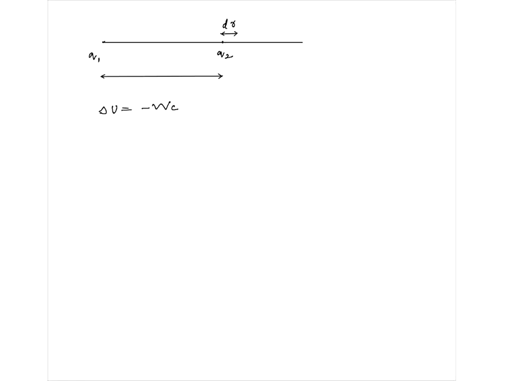Now, because this definition talks about change, if we want U at a particular point, we would need a reference point. Often, the reference point is chosen at infinity. So with respect to that, we can tell U at a particular point. And U is of the system.